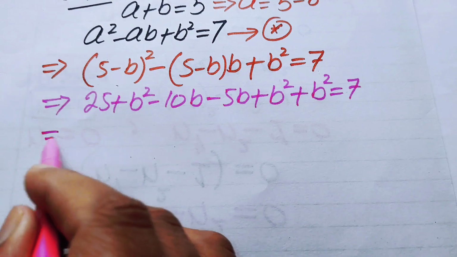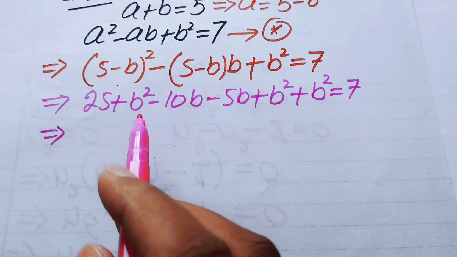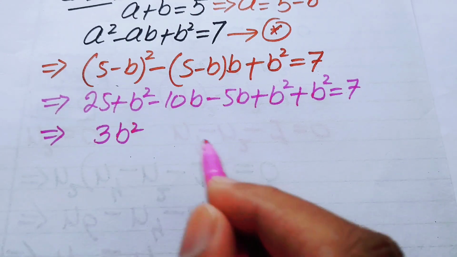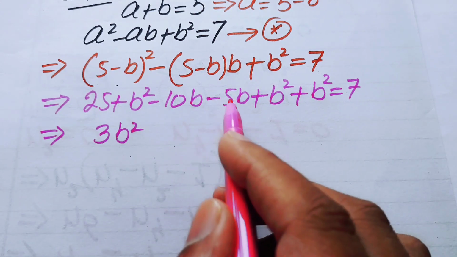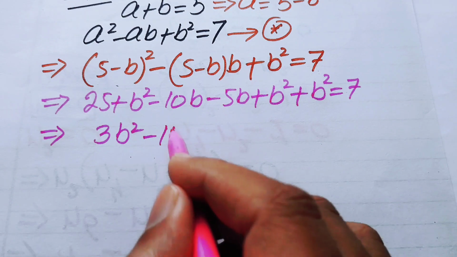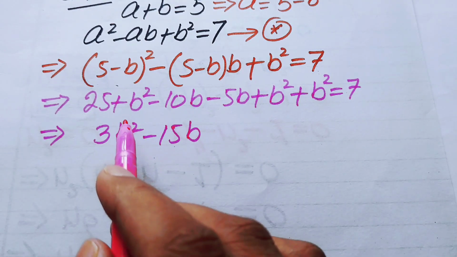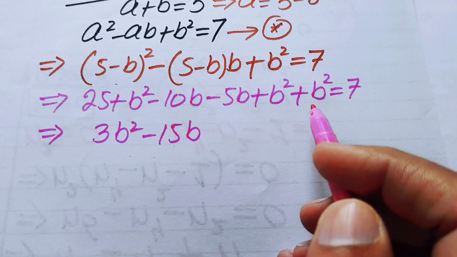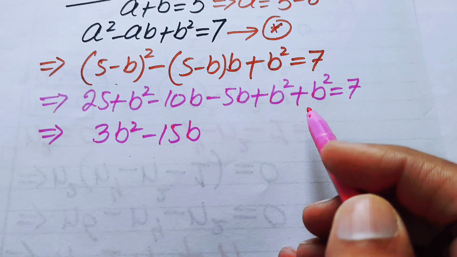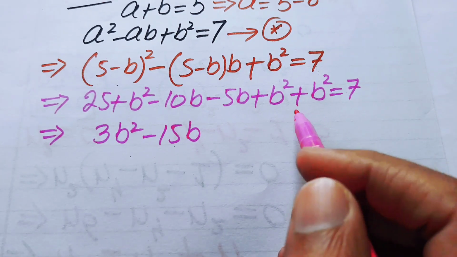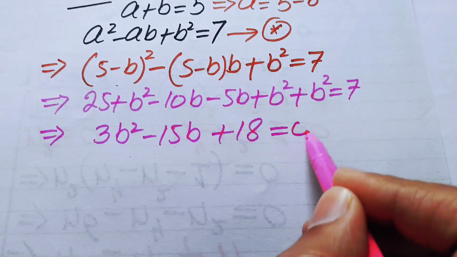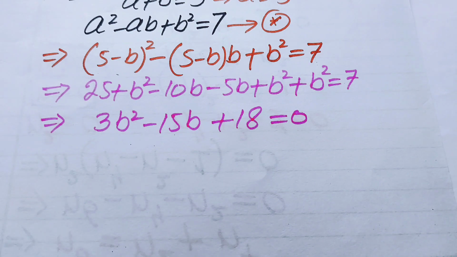Now we will add or subtract the like terms. Here you have b square plus b square plus b square equals 3 times b square, and minus 10 times b minus 5b equals minus 15 times b. After that we have 25, and we move the 7 to the left hand side, and you get 25 minus 7 equals plus 18, and this whole equals 0.